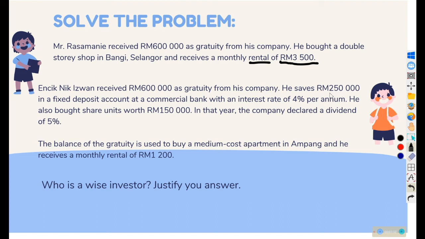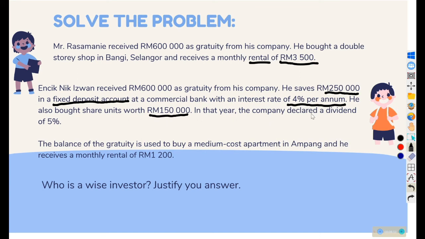He saved 250,000 in a fixed deposit account at a commercial bank with an interest rate of 4% per annum. He also bought share units worth 150,000 in that year.